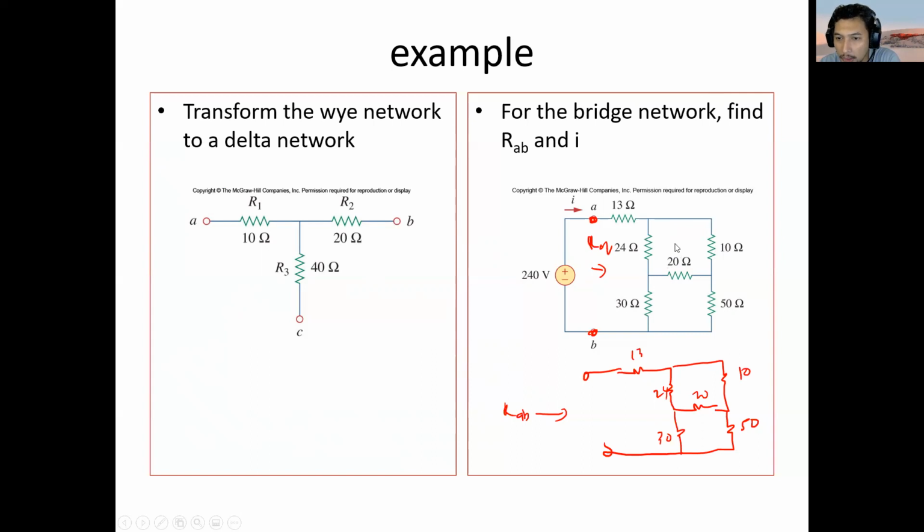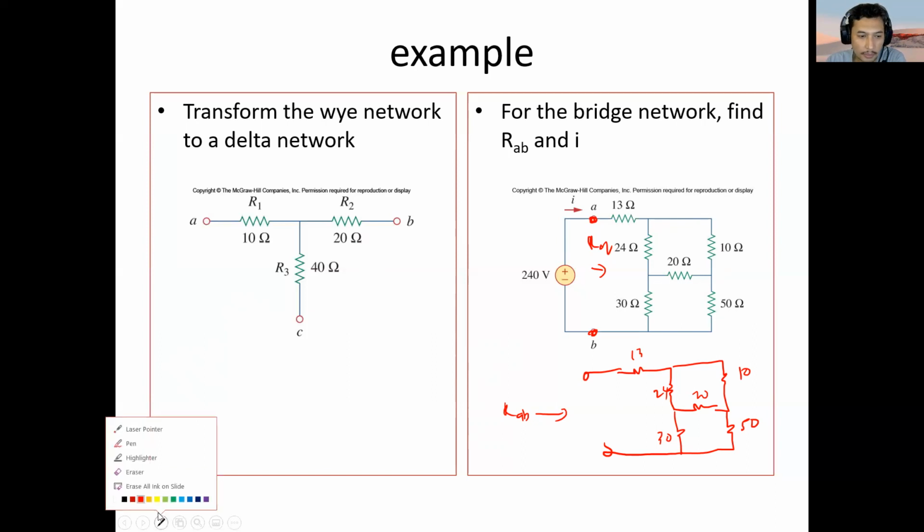This is a delta connection, both at the upper side and the lower side, so this cannot be solved unless you transform either the upper side or the lower side into a Y connection.